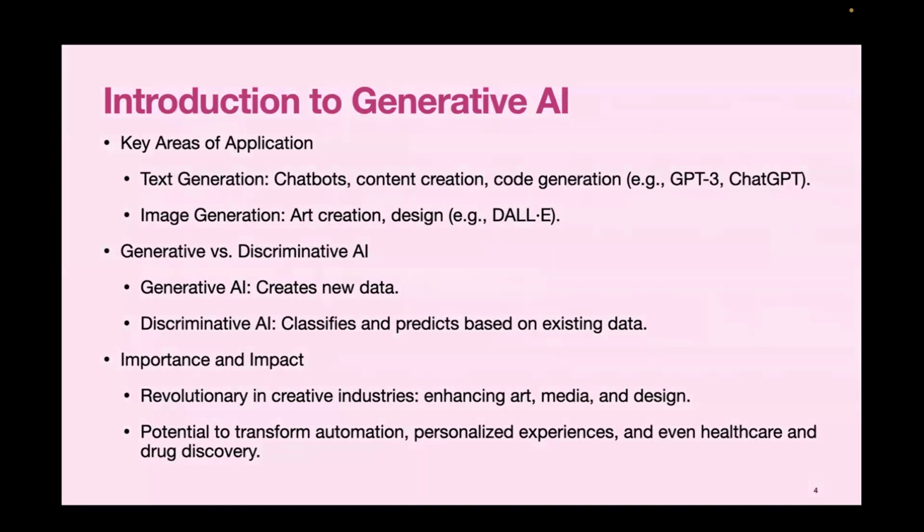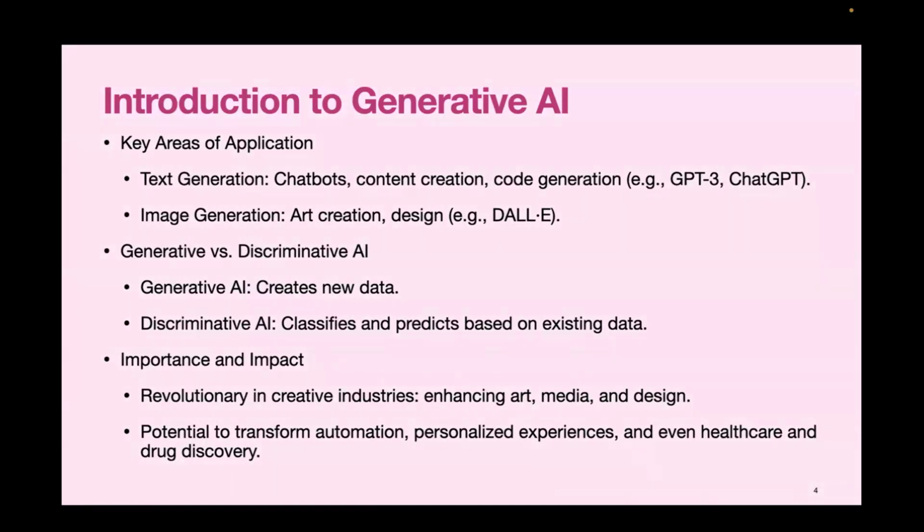Coming to the impact and importance of generative AI, it is used in enhancing art, media, and design, and in various industries where we need creativity. This is where generative AI is used currently. Generative AI has the potential to transform automation, personalized experiences, and even healthcare and drug discovery.